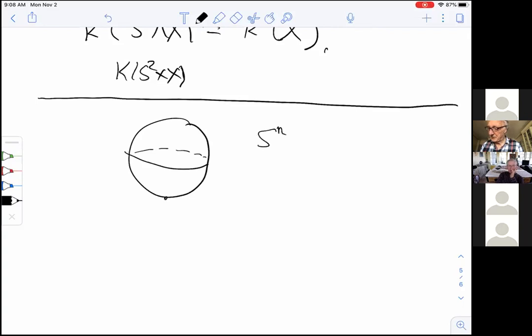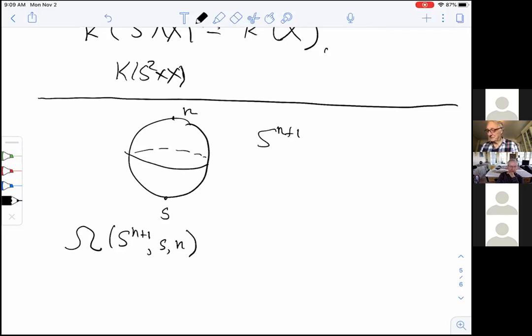I have the south pole and the north pole. And I'm going to consider the loop space, the L12 paths, but let's not worry about that. Let's make this Sn plus 1. So paths in Sn plus 1 that start at the south pole and end at the north pole.